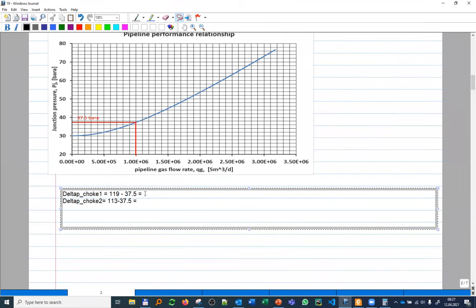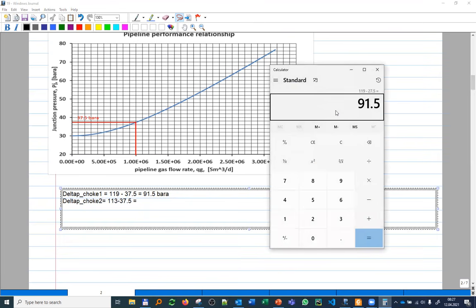91.5 for the first well, and for the second well, 75. There's something wrong here.